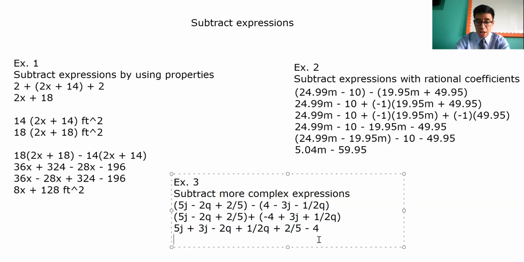5j plus 3j, we obtain 8j, and in the other one, negative 2q plus 1/2 q, we have 2, and we subtract 1/2, is negative 1 and 1/2, okay, because we only take 1/2 out. When you subtract the operations, you obtain an improper fraction, and later they convert the improper fraction into a mixed fraction, okay?